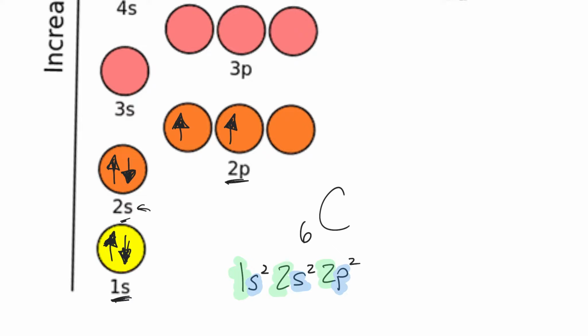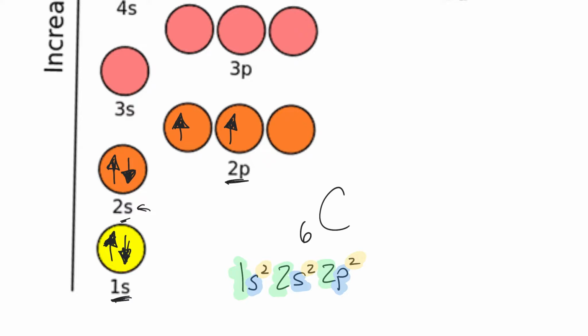If it's not occupied by electrons, we don't write it at all. Then we have the superscripts, which represent the number of electrons that reside within each of these orbitals. That's how we write electron configuration, and that's how we can derive the electron configuration from the orbital diagrams.